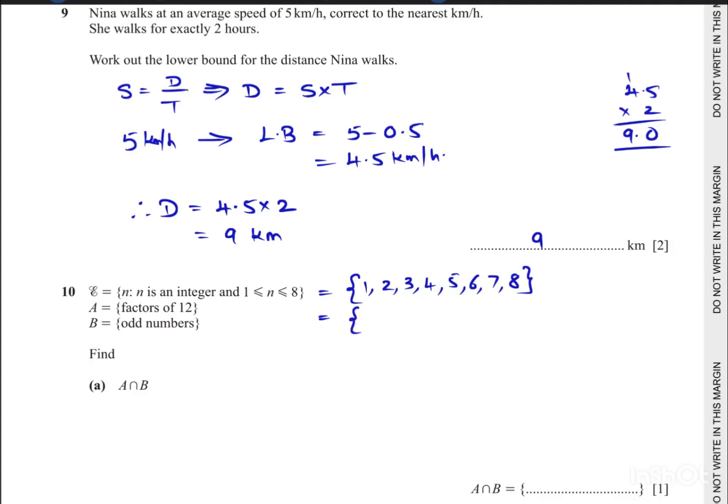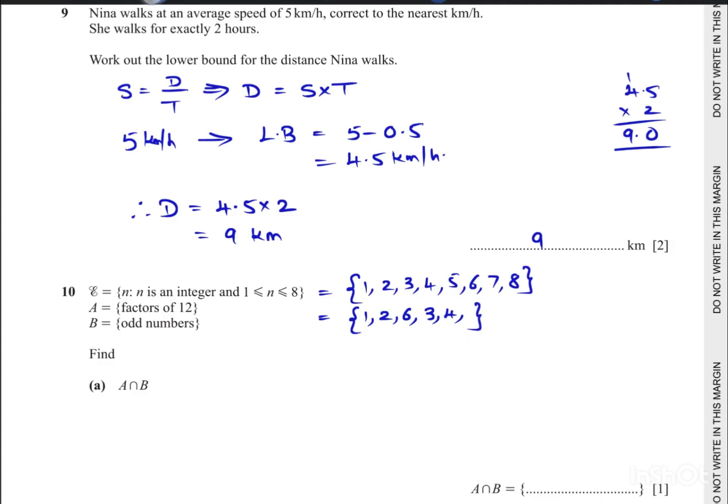So factors of 12 are 1, 12, 2, 6. So 12 will not be included because the universal set has only numbers up to 8. 2, 6, then 3, 4. 5 is not a factor, and that's all.